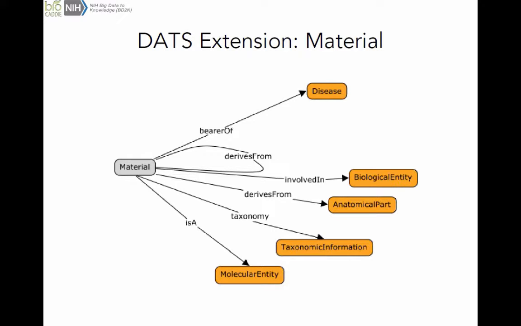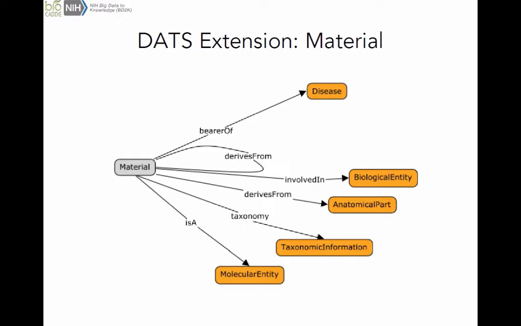So in the extensions you will find material, and the extensions to materials are anything that may be used to describe a biomaterial entity, something that is relevant in the field of biosciences, and where we need to be able to talk about diseases, disorders, conditions, things that are involved in the biological process, what we call biological entity here.